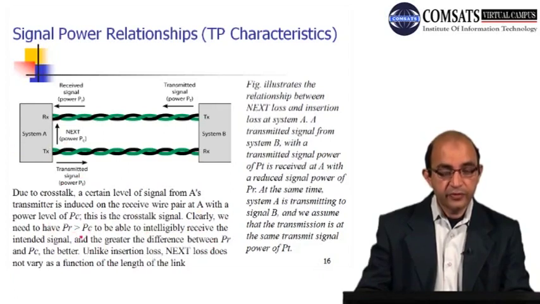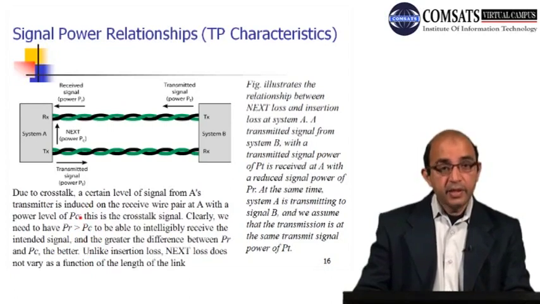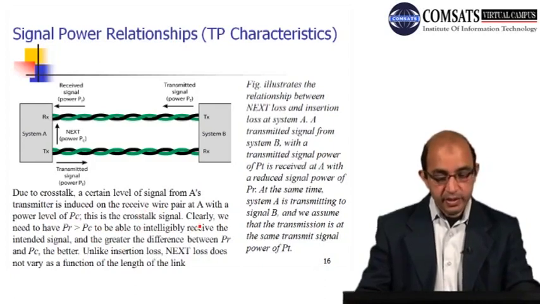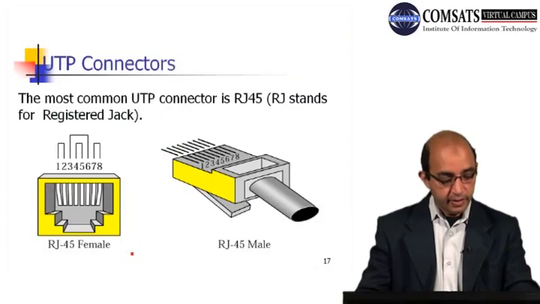Of course, for having a good quality of sound or good quality of communication, the reduced power should be greater than the PC, that is the induced power, right? So in order to receive the signal in a good way.